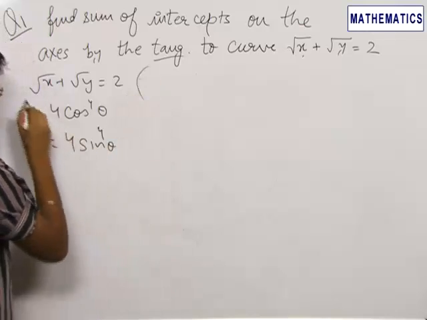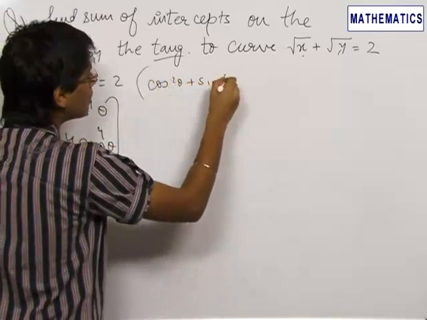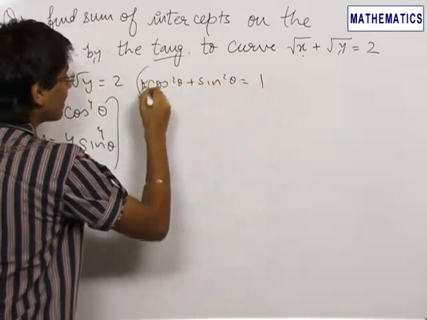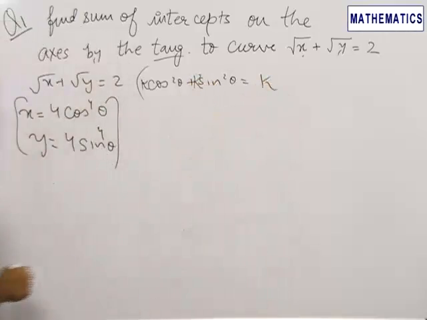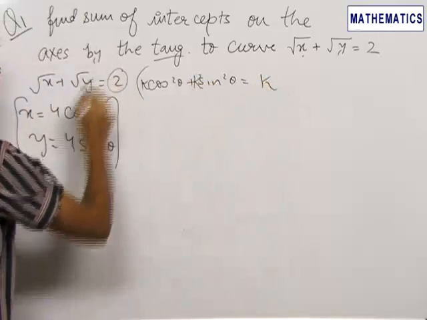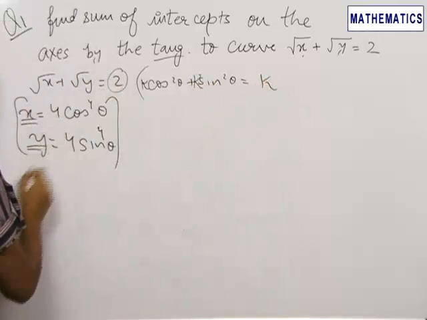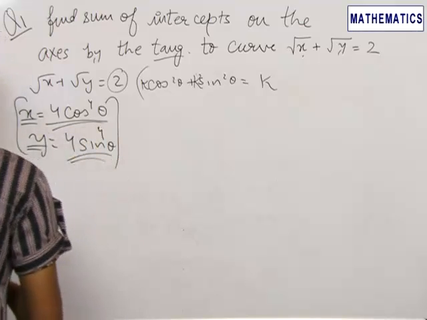This we have done since we know that cos square theta plus sin square theta is equal to 1, or k cos square theta plus k sin square theta is equal to k. Here we have considered this to be equal to k, and hence we wrote x and y in terms of cos theta and sin theta.